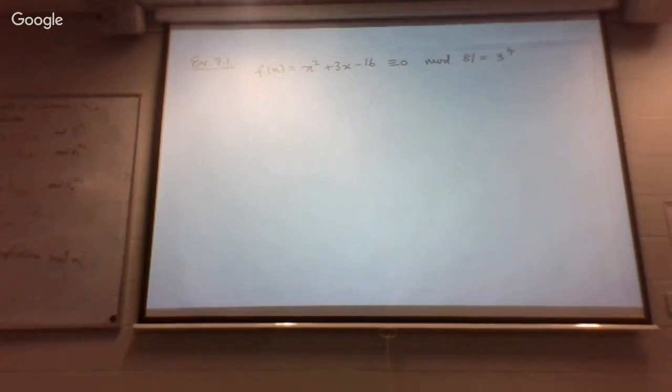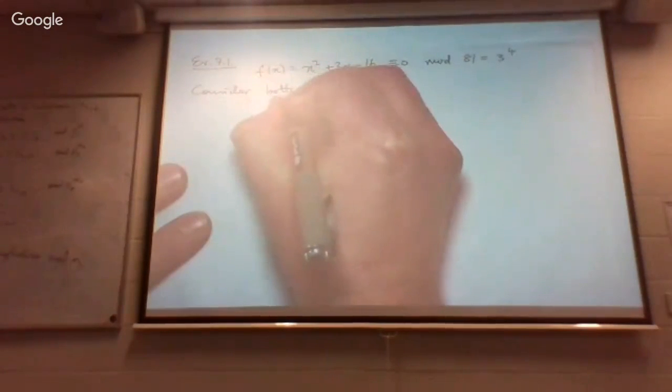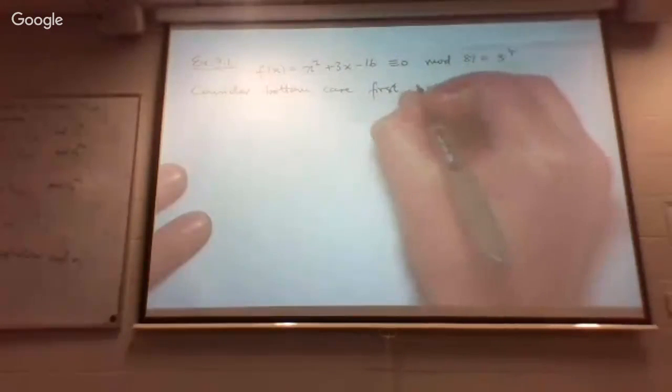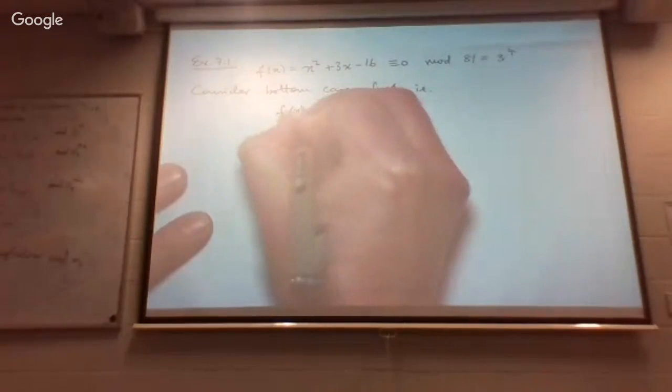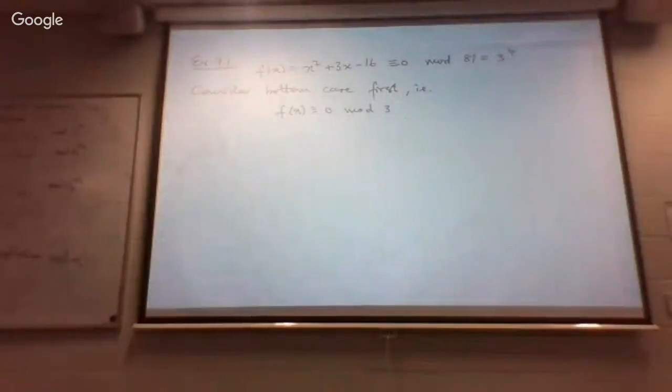So this is a problem like one of these subproblems that you face in trying to solve f of x congruent to 0 modulo a general modulus. Here we've got the power 3 to the power 4. So we consider the bottom case first, and by bottom case, we mean f of x congruent to 0 modulo 3, modulo that prime to the power 1.